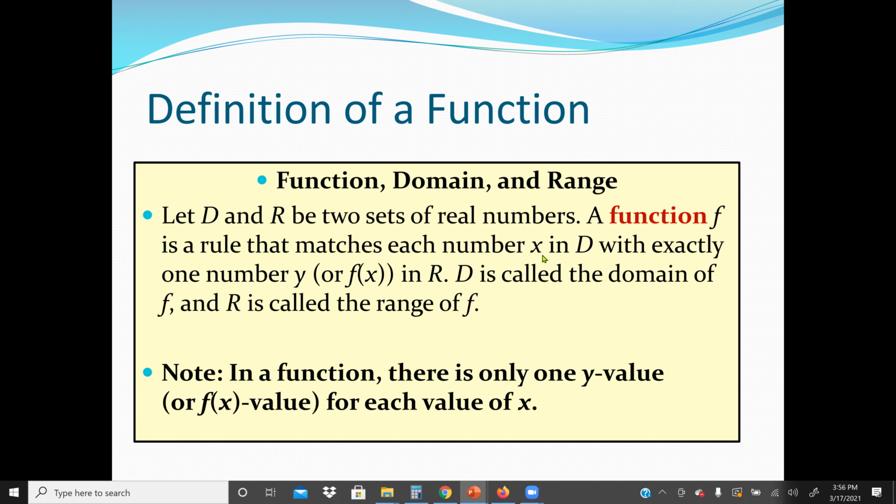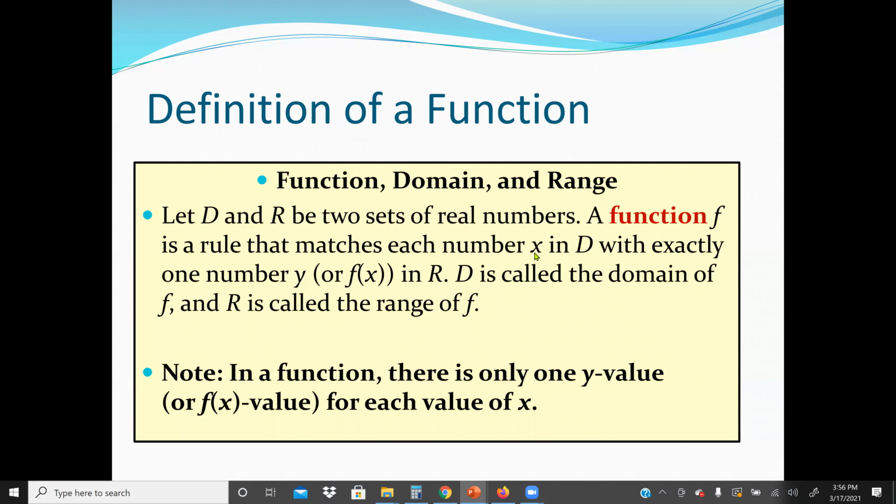So the main definition says if we have a number x in the domain, it should match with exactly one number y in the range. Let's assume that x is our input and y is our output.